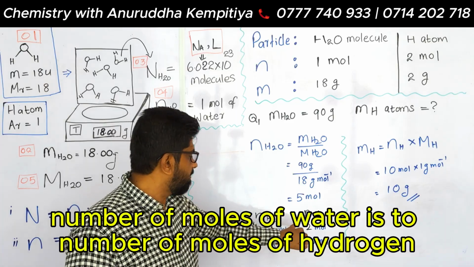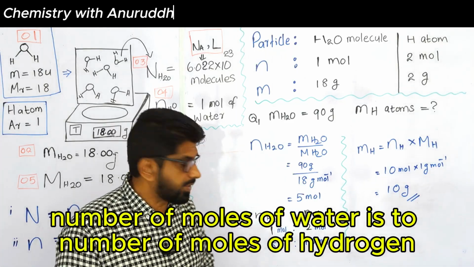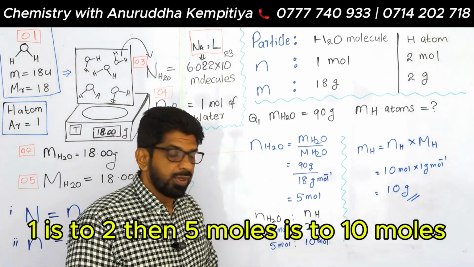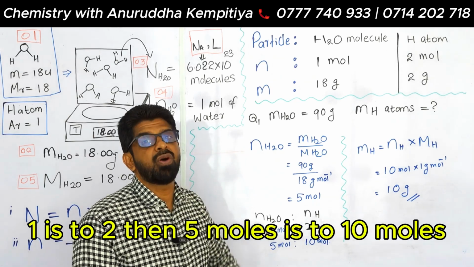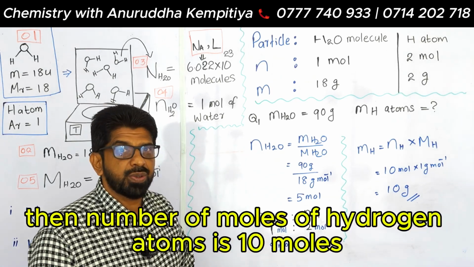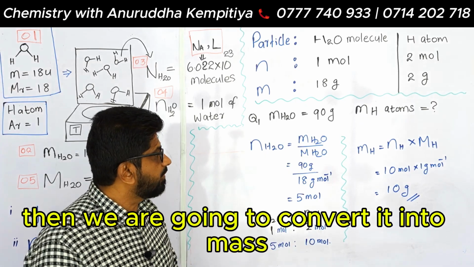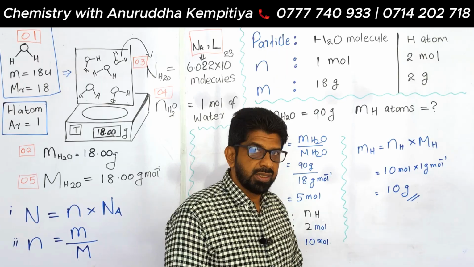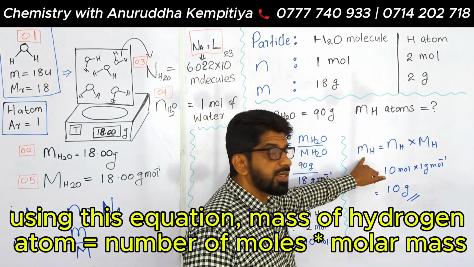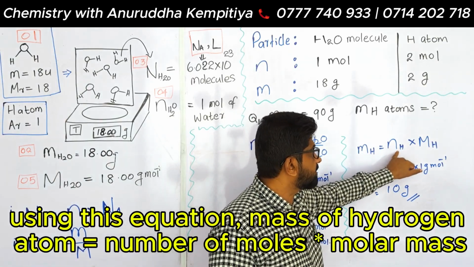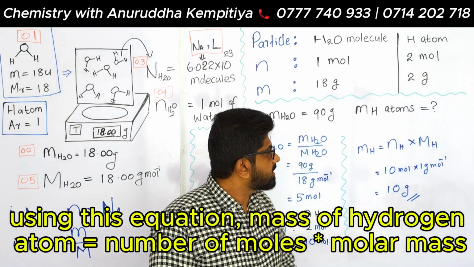The number of moles of water is to the number of moles of hydrogen as 1 is to 2. Then 5 moles is to 10 moles. The number of moles of hydrogen atoms is 10 moles. Then we are going to convert it into mass using this equation: mass of hydrogen atoms equals number of moles times molar mass.